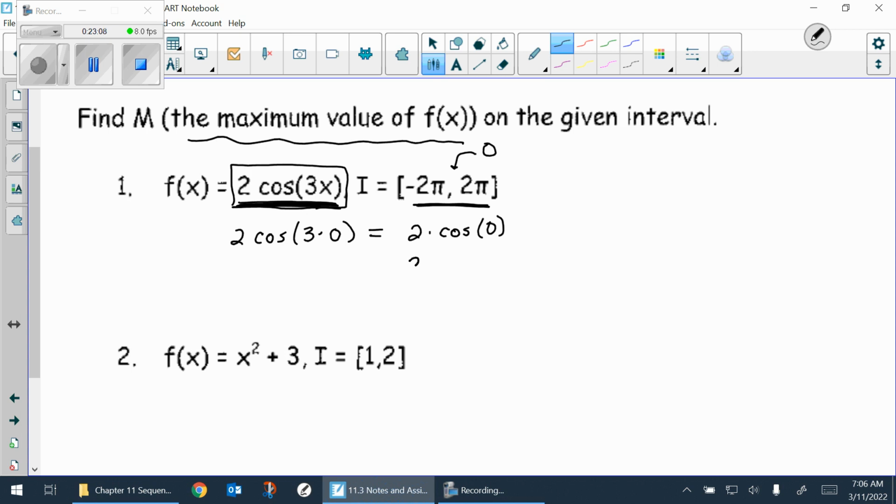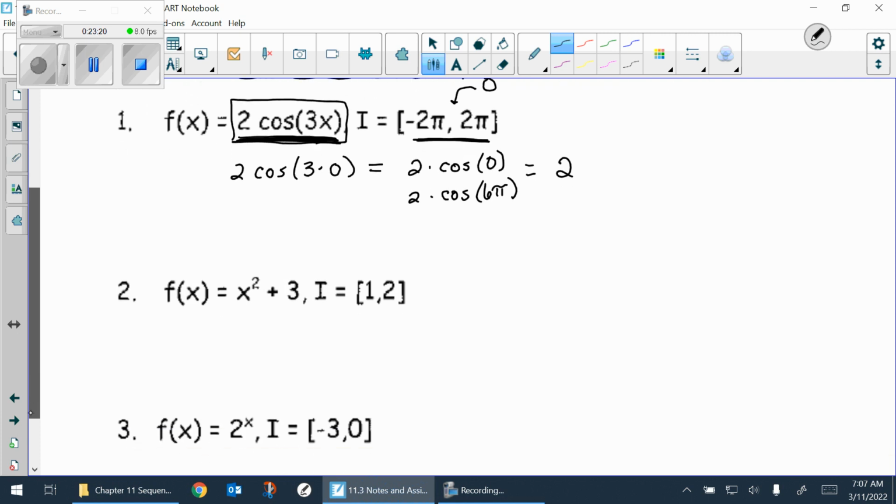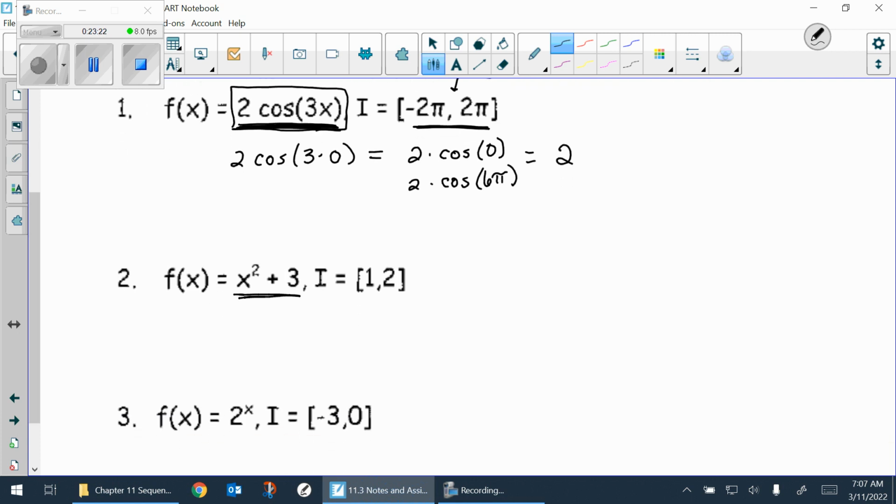Or if I had chosen 2 pi, 2 cosine 6 pi. Either way, maximum value I'm going to get is 2. What if I find this to be that first unused derivative? What's the maximum value on this interval? I think the maximum value is going to occur when x is 2.